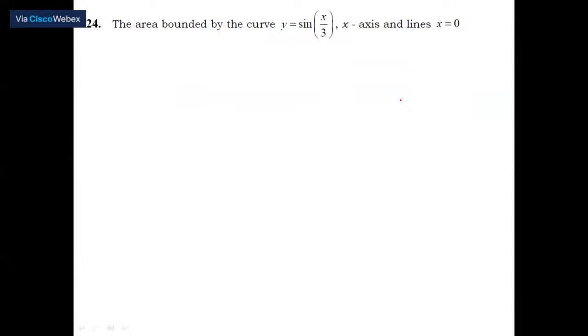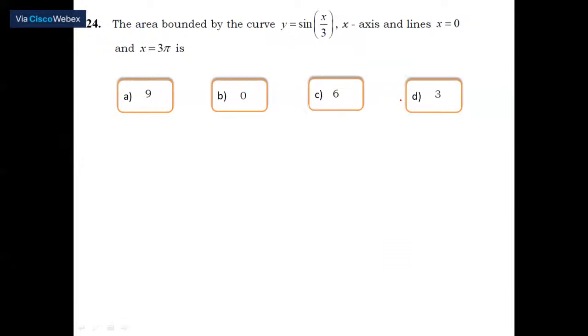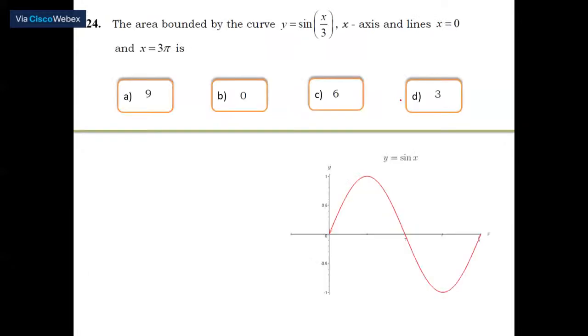The area bounded by the curve y is equal to sine of x by 3, the x-axis, and the lines x is equal to 0 and x is equal to 3 pi. 9, 0, 6, 3 are the options given for us. Okay, you people give me the answer now.